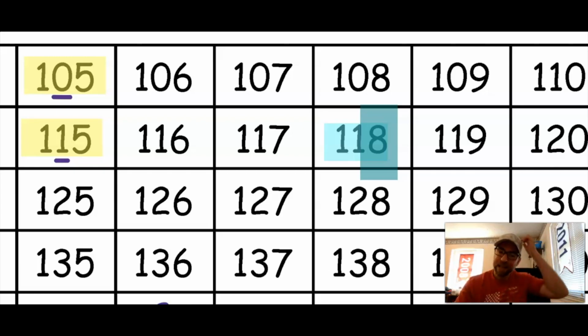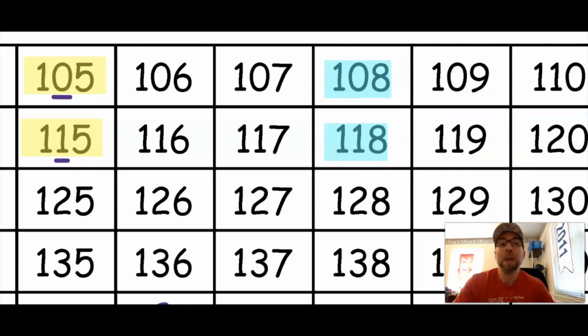Let's try another one. Oh, here's the number 118. Now, if I want to subtract 10, my tens digit is going to get less. Here's 118. 10 less, 108. Notice that the tens digit decreased. It went from 1 to 0. Let's try another.